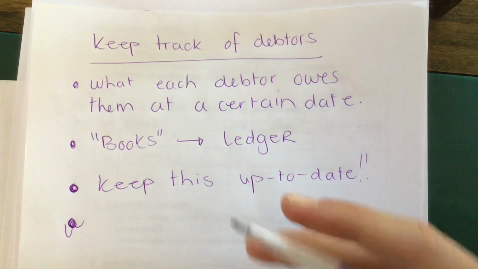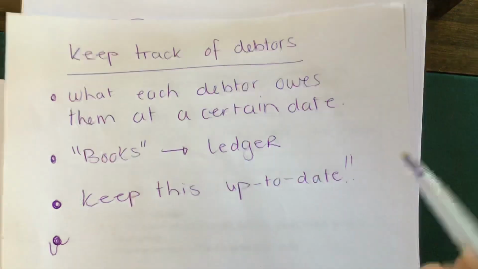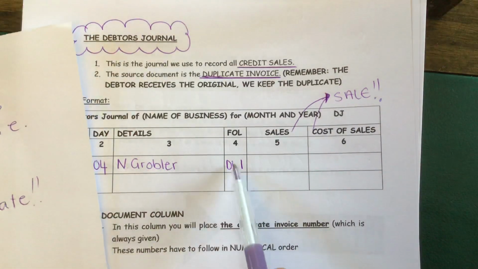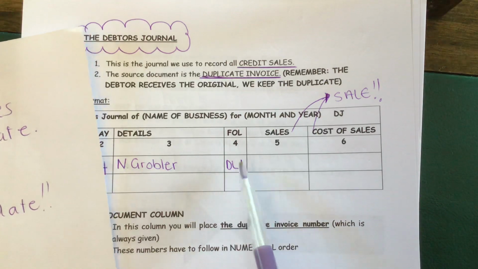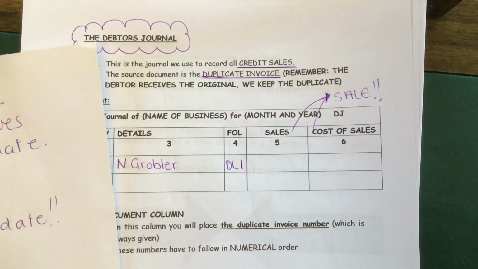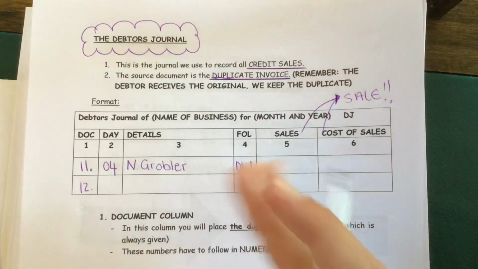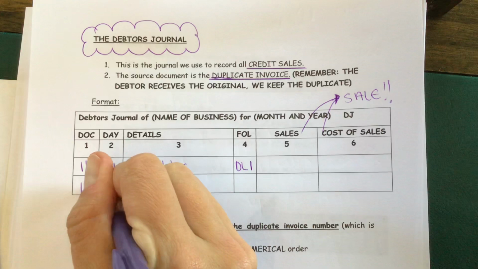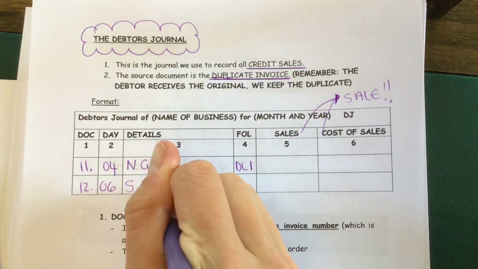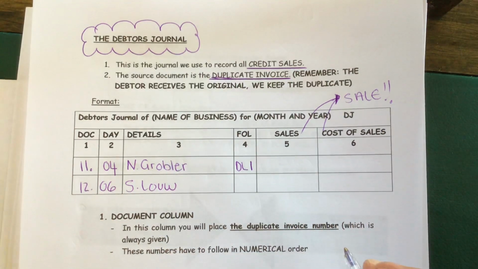So always we will know that if we want to know N. Grobler's debt, we will go look for DL1 and we will pull out that specific book and we can see, okay, N. Grobler owes us 500 Rand. Then we could have another debtor, for example, let's say on the 6th, S. Low comes and buys from us.